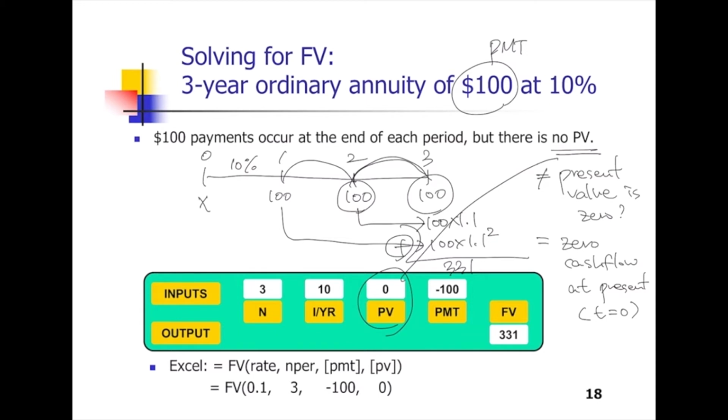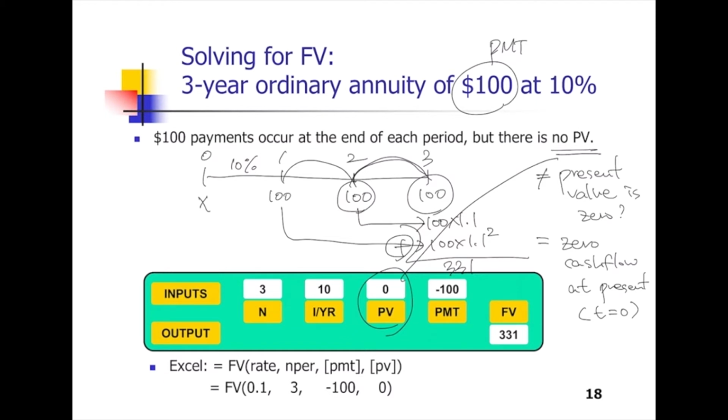Yeah, 331. As you can see, this is minus sign and this is plus sign. Yeah, it can be interpreted various way. So let's suppose, if you save this amount of money each year, and finally you get this money.